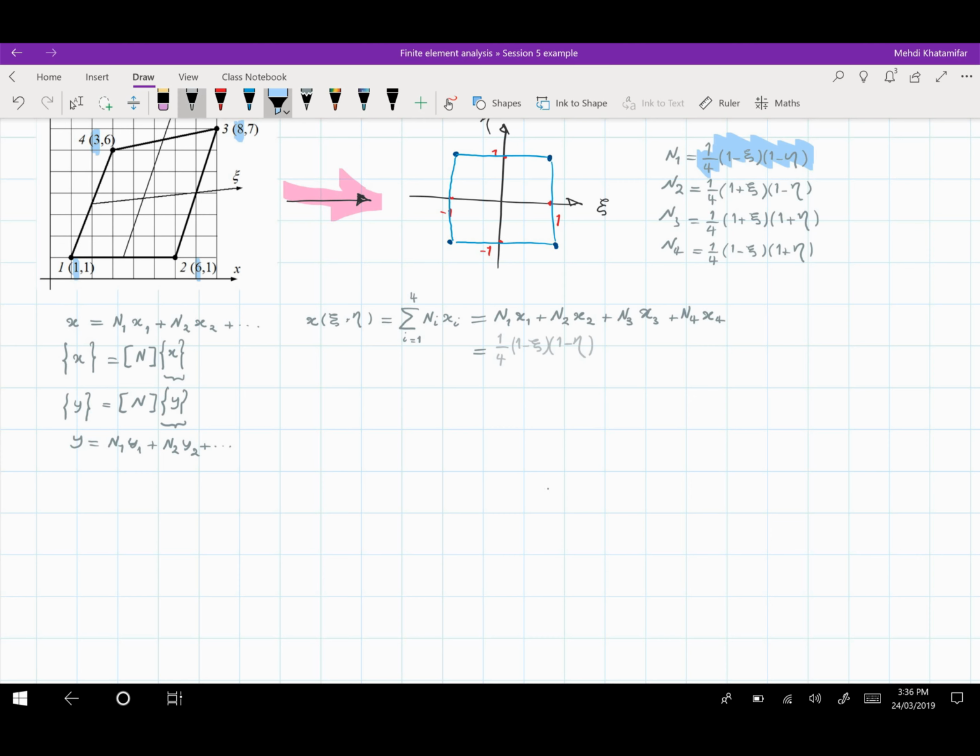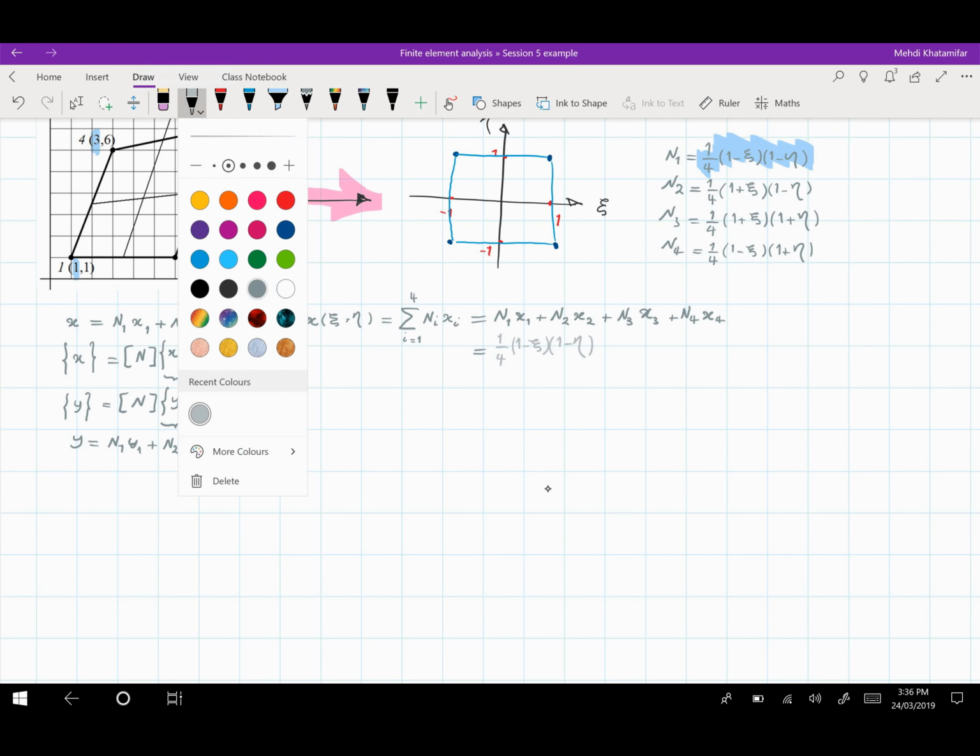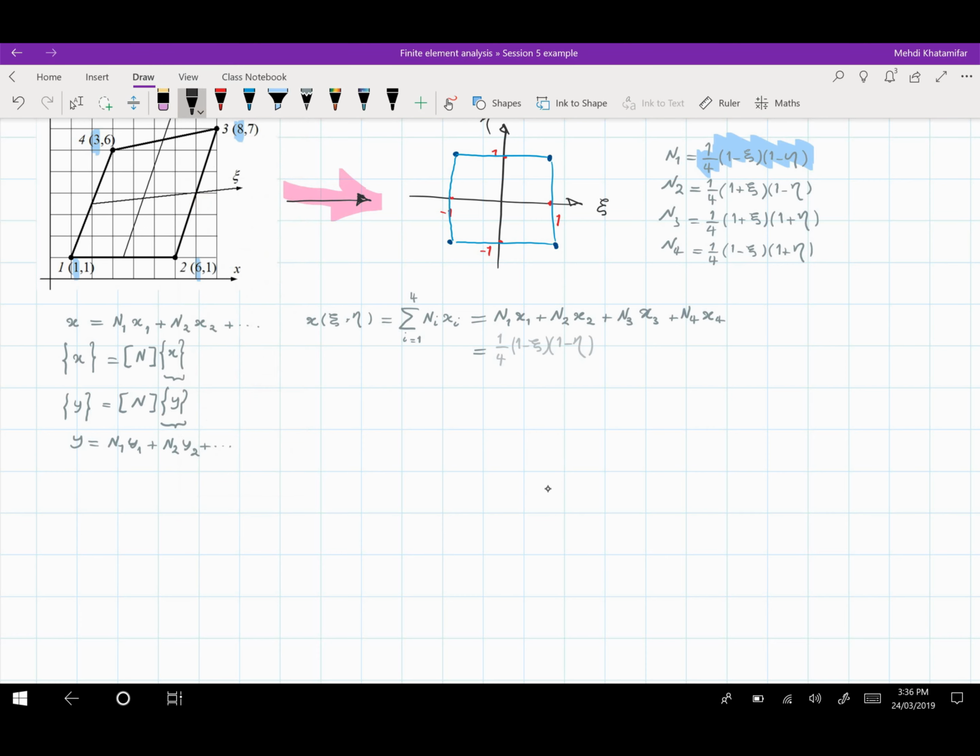It would be much better for me to write those values here. Let me write. So x1 was 1, x2 6, x3 8, x4 3.